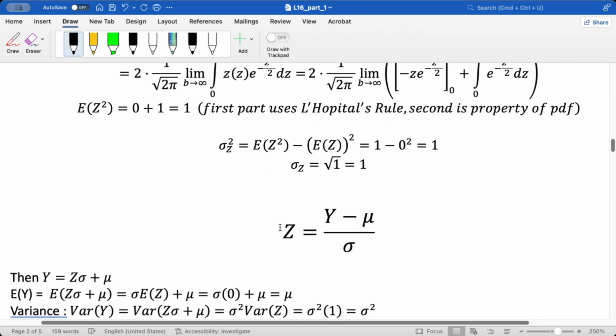If you cross multiply, you get z times sigma plus the mean. The expected value of this expression using the linearity, it's like expected value of ax plus b. Sigma is a constant that'll factor out times expected value of z plus the constant mu. Now, E of z is 0, so this drops out, and we do get a mean of mu.